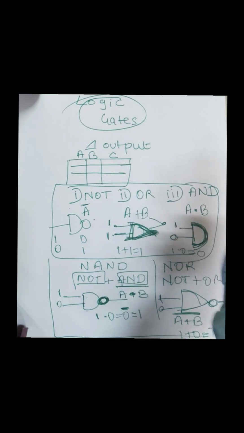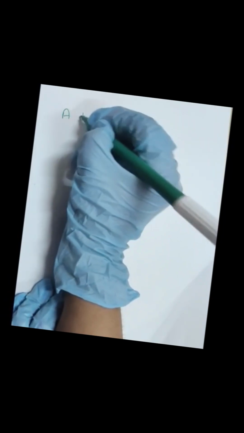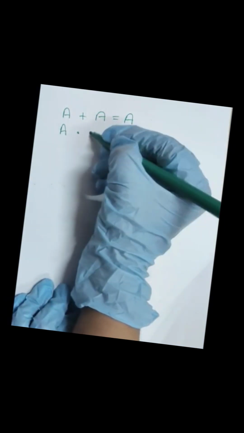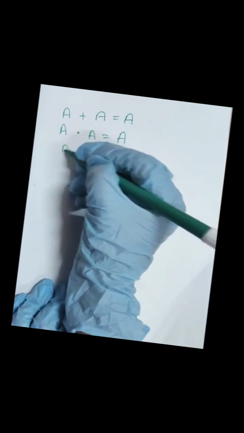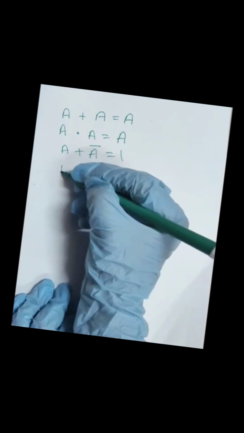using a truth table, or you can also use some Boolean expressions, which I'm going to say now. I'll be writing some formulas which are very important, you should memorize. First is A plus A is equal to A. A dot A equals A. A plus A dash equals 1.